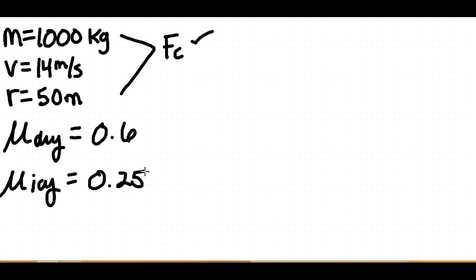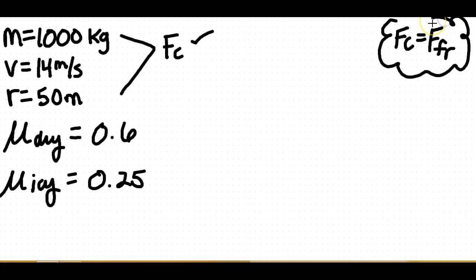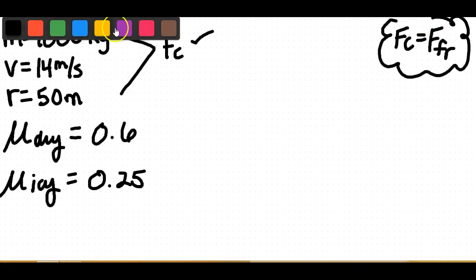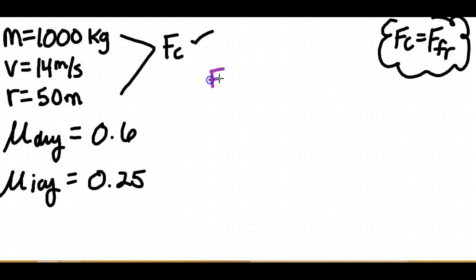So what we have to do is figure out what we need. So on this curve, like I said before, the centripetal force has to at least be equal to the force of friction. Now the force of friction could be bigger, which means it'll definitely stay on the road, but at the very least, these two things have to be equal to each other. Alright, so we're going to find centripetal force first. So Fc is going to equal mv squared over r.